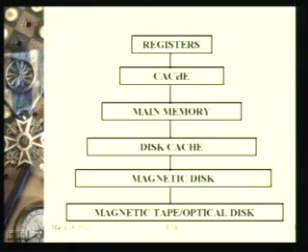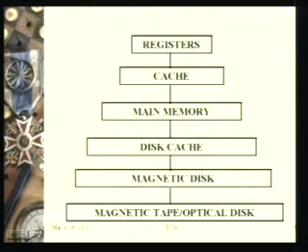If you are talking about Pentium, then you are talking about two types of cache: L1 which is within the processor and L2 which is outside the processor. However, the basic purpose of cache is that it's an interface between the main memory and the registers and increases the speed of main memory to a great extent.